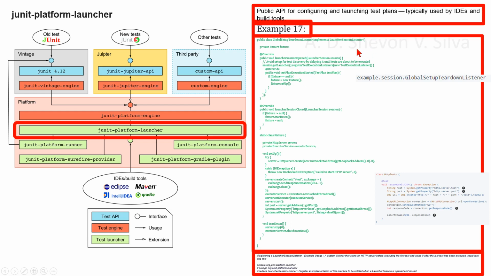The interface LauncherSessionListener in package org.junit.platform.launcher in the module org.junit.platform.launcher. Register an implementation of this interface to be notified when a launcher session is opened and closed.